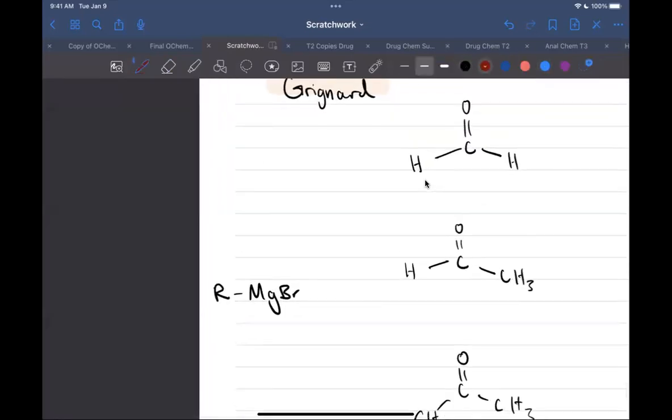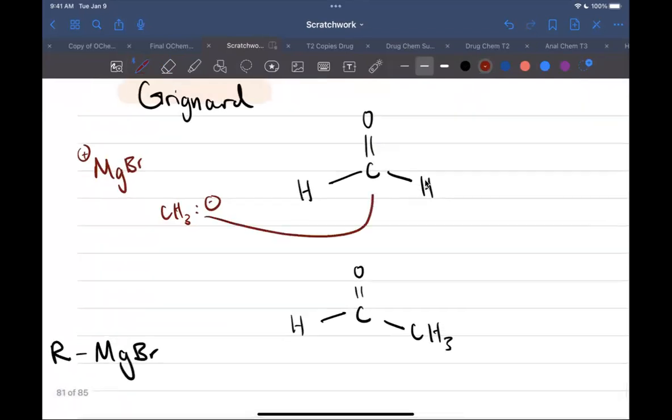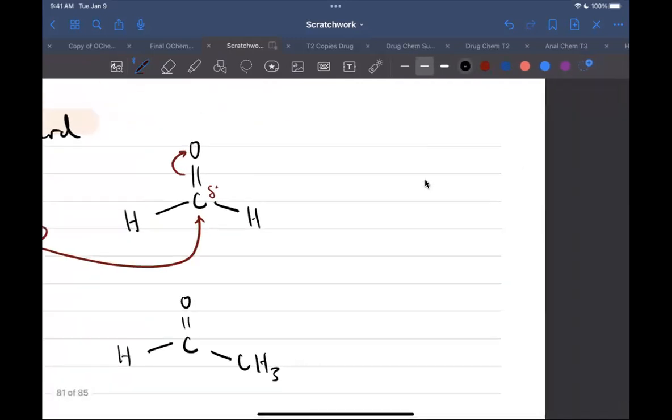So if you have R, let's say it's a CH3 carbanion, right? You have your MgBr salt somewhere in the solution, right? What's going to happen? It's going to attack that partially positive carbonyl, break that, and form something like this. So that formaldehyde, I'm just going to draw the CH2 as something like this.